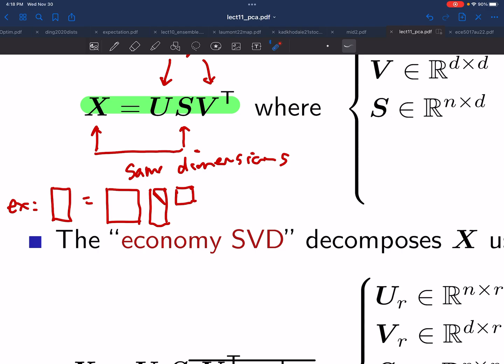So you could say, well, why should we go through all the computation of figuring out those terms? So in practice, often you want to use a more computationally efficient version of the SVD that simply does not compute any of these things that will be multiplied by zeros. Okay.